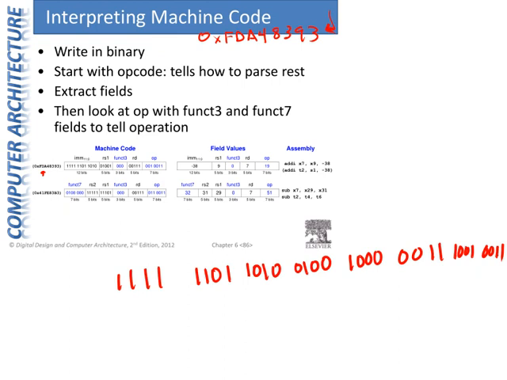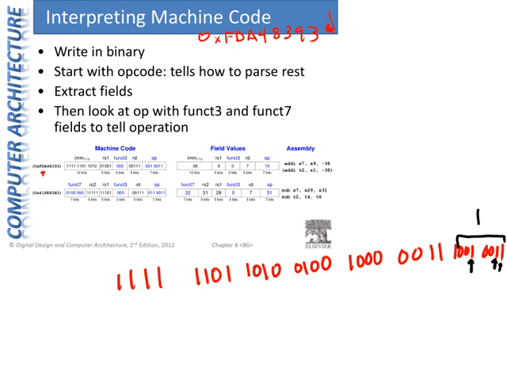And now the first thing we're going to do is look at the opcode. So we know that's going to be 7 bits. So we take these 4 bits plus the next 3. So we get our opcode and we say, okay, well, let's see, that's 1 plus 2, 3, 4, 8, plus 16.